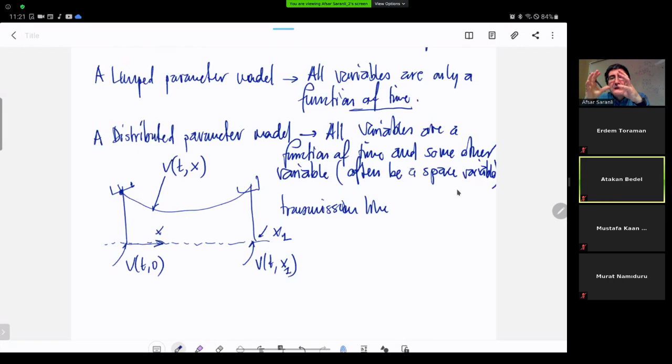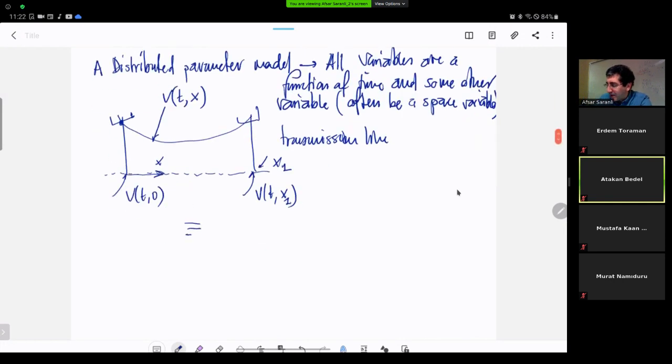Now distributed parameter systems are often approximated by higher order lumped parameter models. For example, this may be approximately equal to a resistor and a capacitor, and then another resistor and another capacitor, and you can continue like that with a large number of resistors and capacitors.